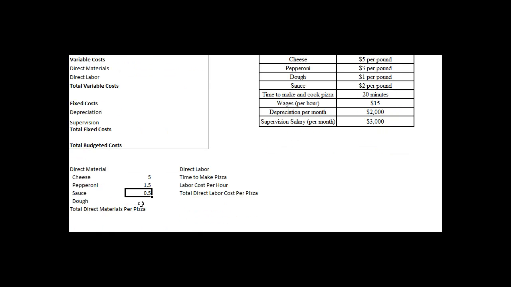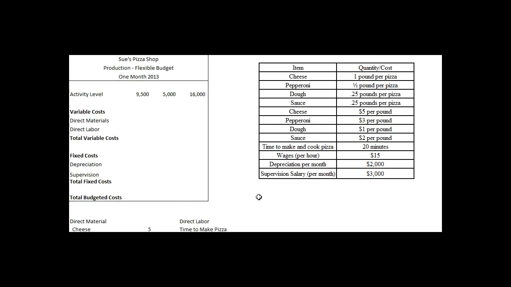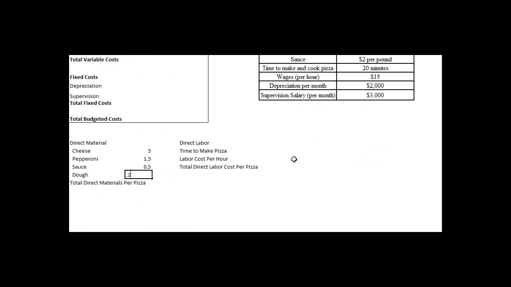50 cents right there. And then finally the dough, I use a quarter of a pound of dough per pizza, and the dough costs me $1 per pound, so it's 25 cents per pizza. Now I add all of these items up, the $5 cheese, the pepperoni, the sauce, and the dough.